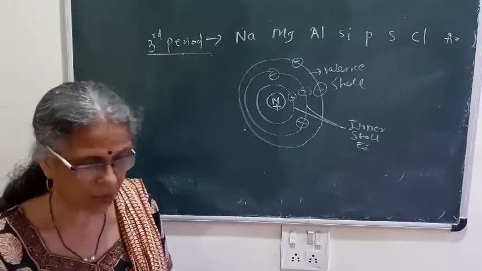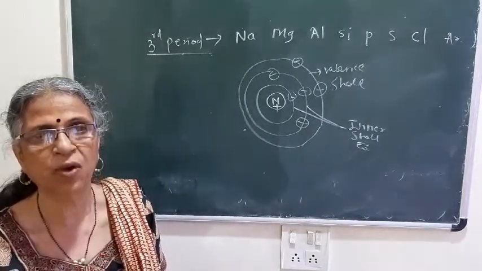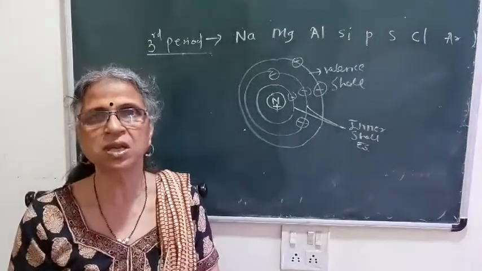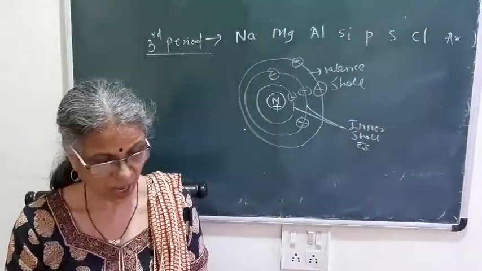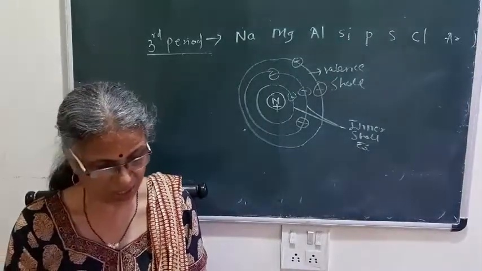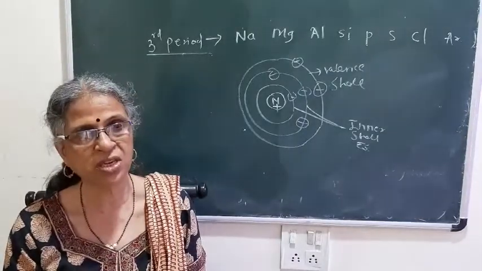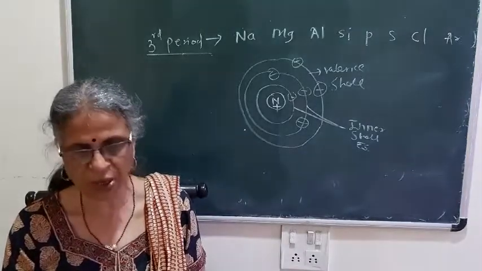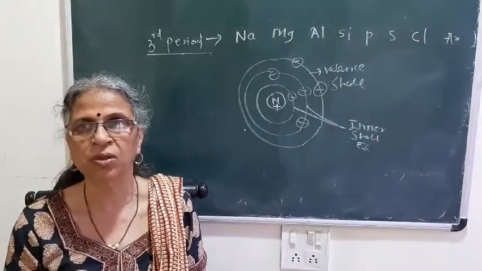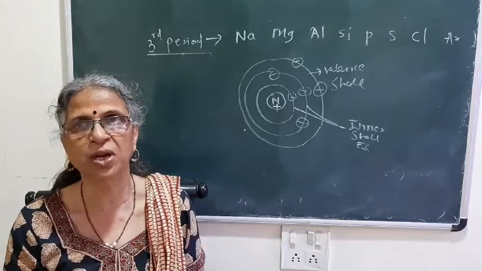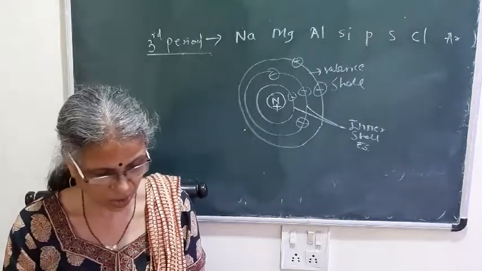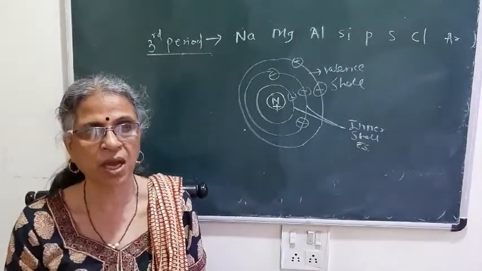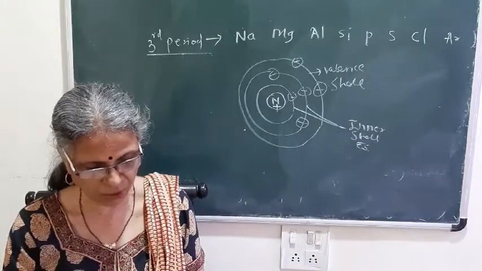Now, if we consider the metal atom, the number of valence electrons is also less in metal atoms. You know that metal atoms contain 1 to 3 valence electrons. So as the number of valence electrons is less, and also the effective nuclear charge exerted by the nucleus on the valence shell electron is less, the combined effect of both is that the tendency of a metal element to lose electrons is more, and thus after losing the electron they form a stable cation with inert gas configuration.